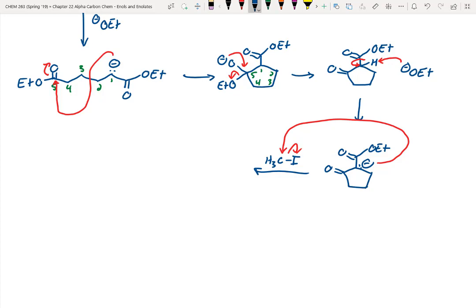So now we're getting there. All right, at that point, there's not much we can do with methyl iodide. But in the next step, we saw that if you apply acid, what will happen to the ester?